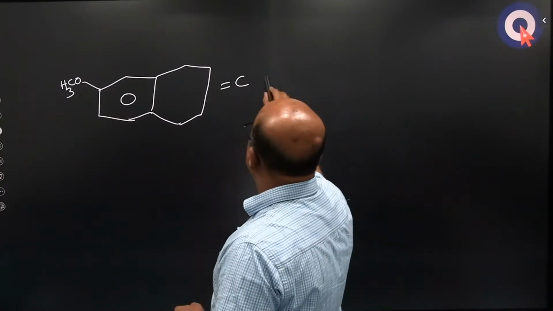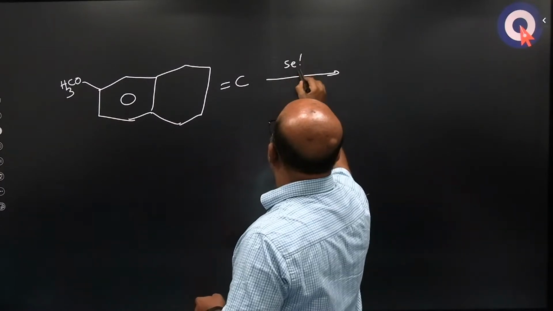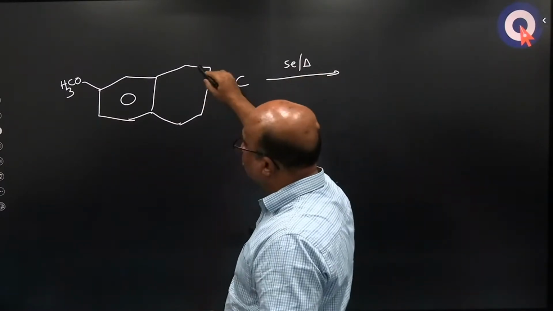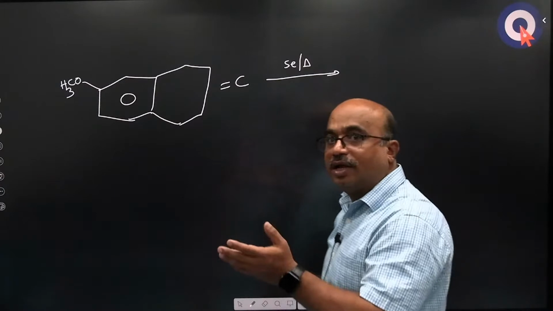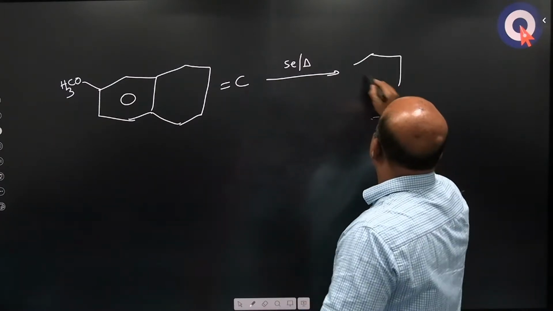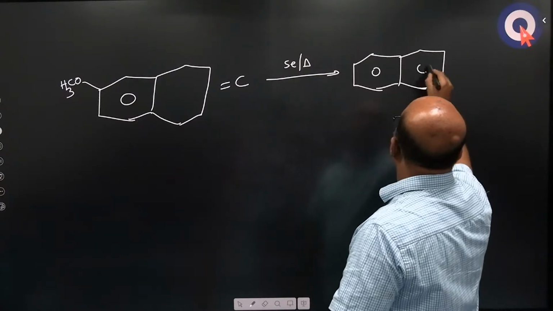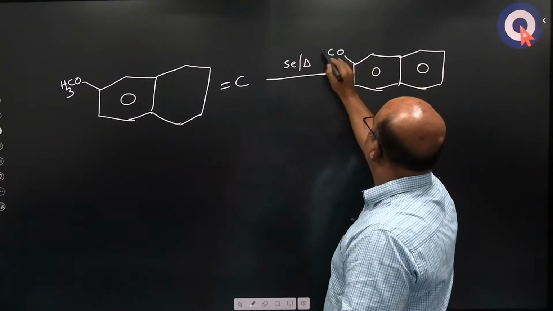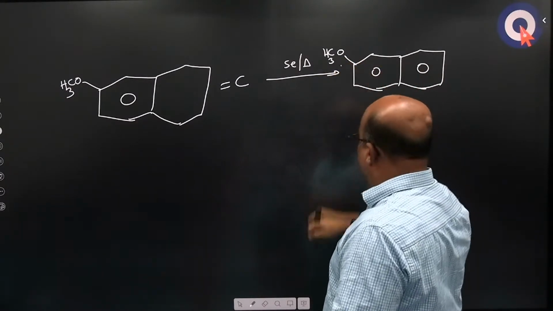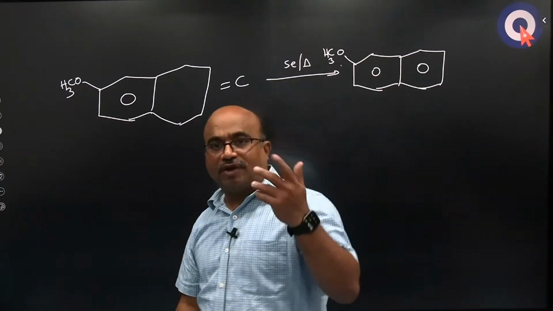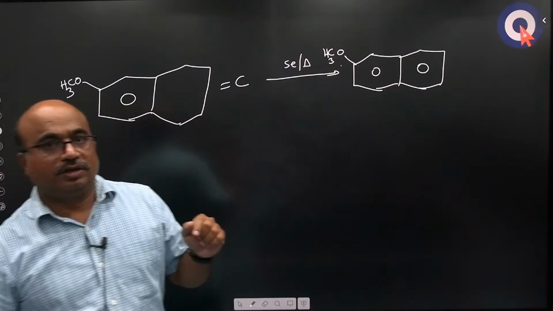Now when this was heated with selenium, it is losing the hydrogens and getting double bond in the rings. So we see this thing. So this was actually given as your final product. So what is C?